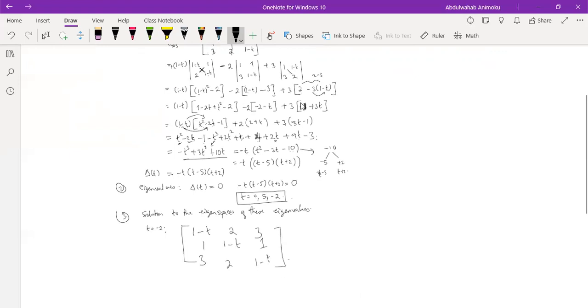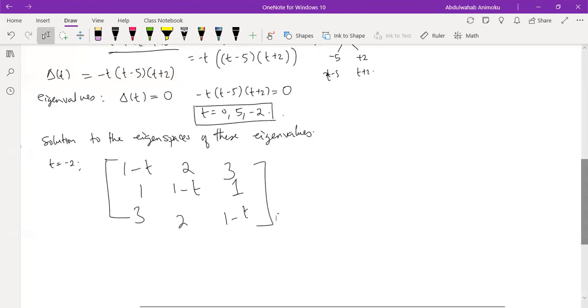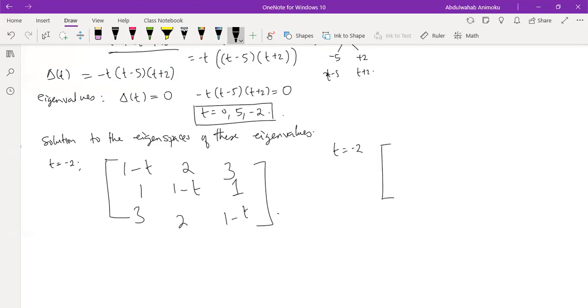Okay, so what we're going to be doing next is substituting these t values into this matrix, and this is actually the coefficient matrix of a homogeneous system comprising of these eigenvalues. So which means that when t is minus 2, we have 1 minus 2, that is 3, 2, 3. The second row, we are going to have 1 minus 2 again. We have 3 here, and then we have 3 here.